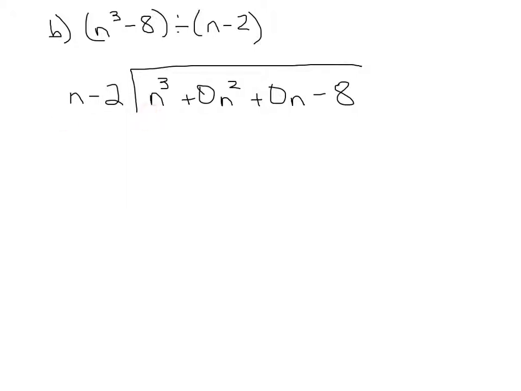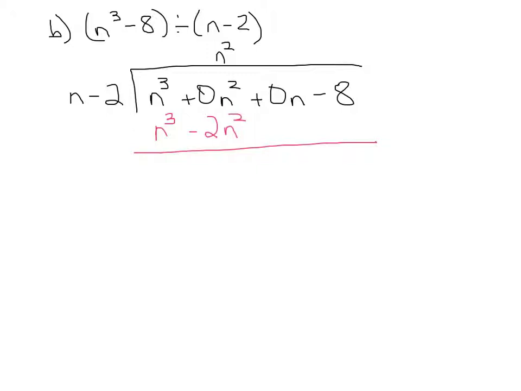How many times does n go into n cubed? And the answer is n squared, which we write over the squared column. Then we multiply n squared times each of these, and we get n cubed minus 2n squared.